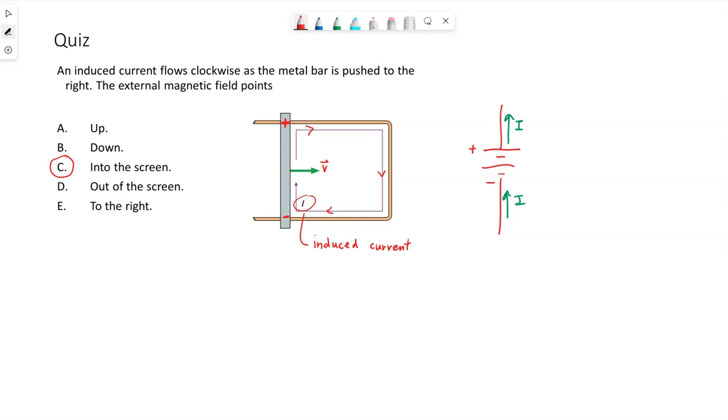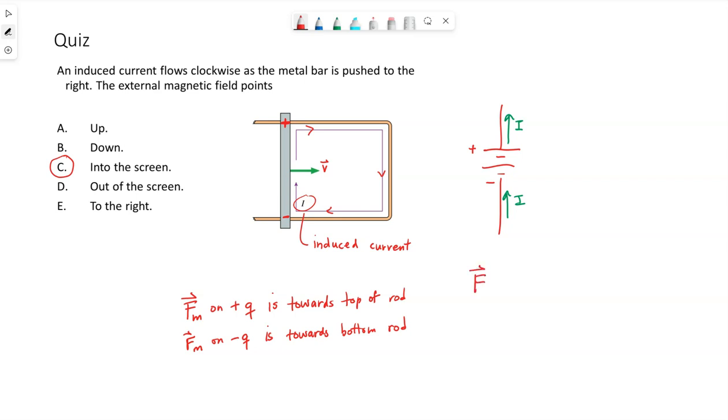All right, so now I know that the magnetic force on positive charges is towards the top of the rod. The magnetic force on the negative charges is towards the bottom of the rod. And it is the electrons that will move.